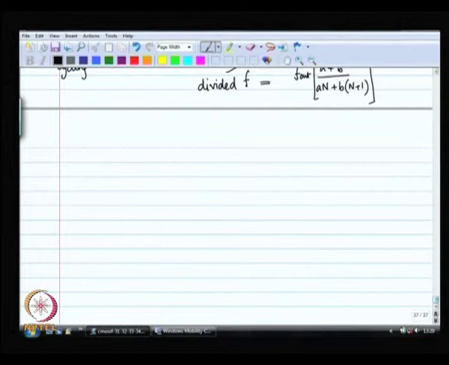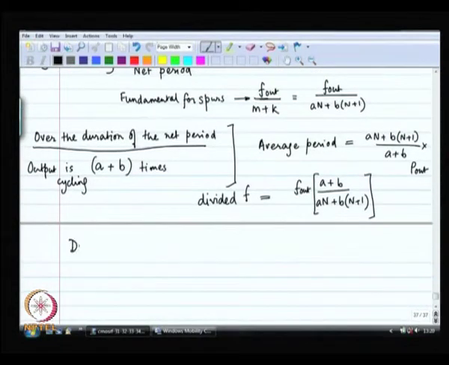So, the quantity by which you have done your division is this: a n plus b times n plus 1, divided by a plus b.